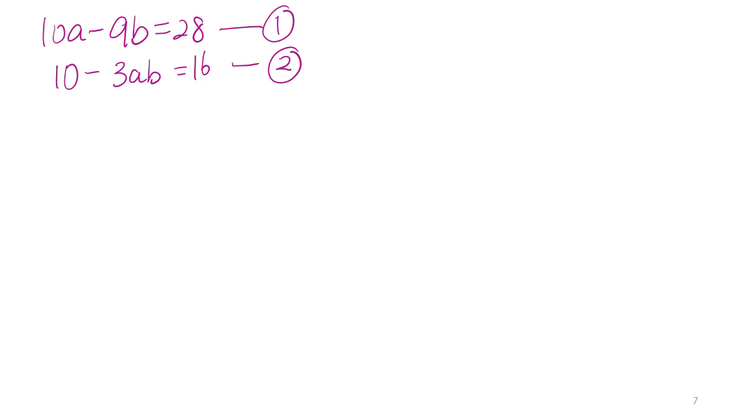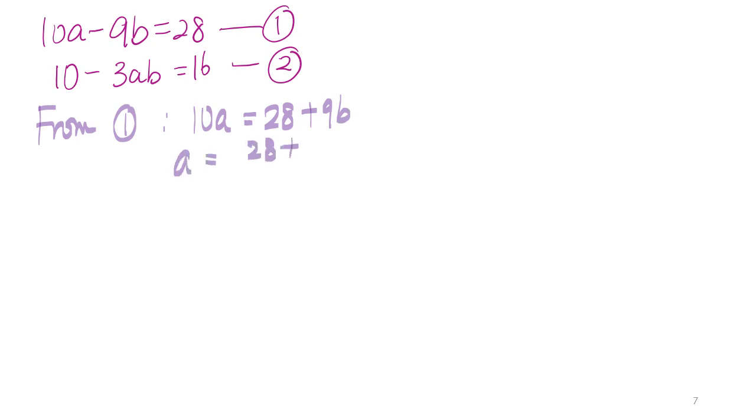Alright, this is what I'm going to do. I'm going to work from equation 1. So from 1, I'm going to make A the subject. I'm going to call this 3. I'm going to substitute 3 into 2.